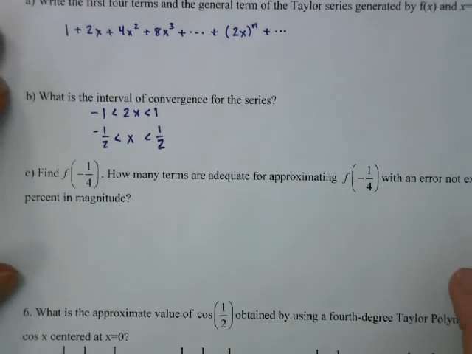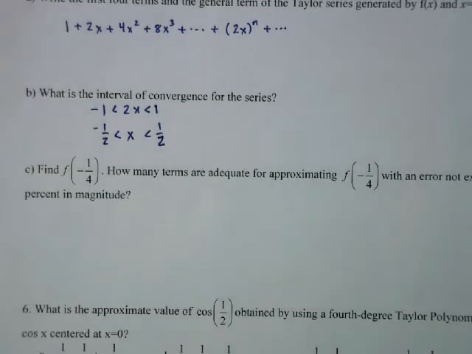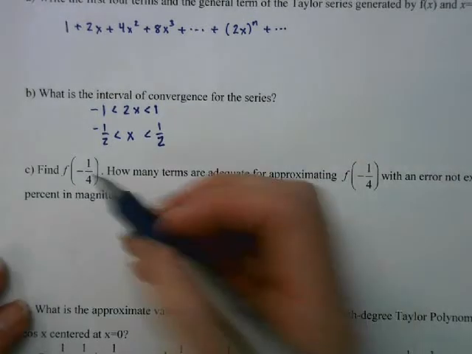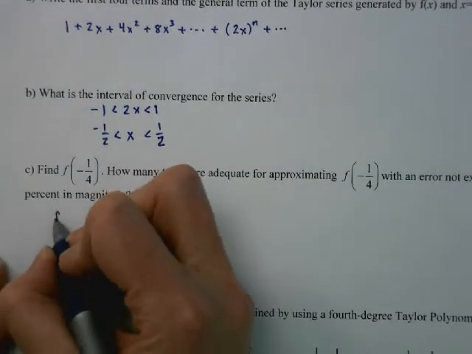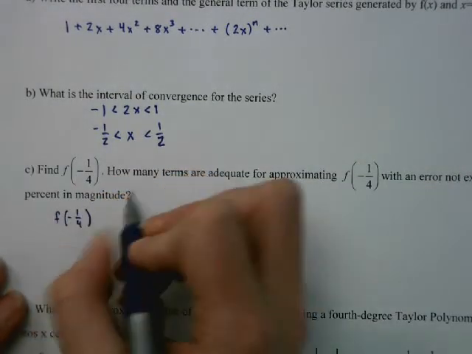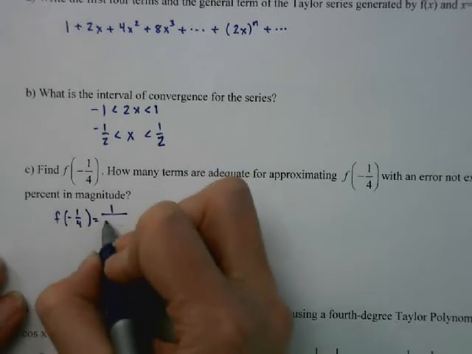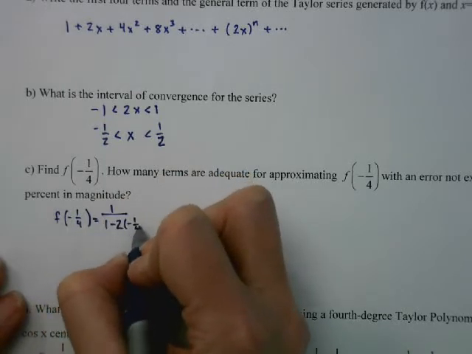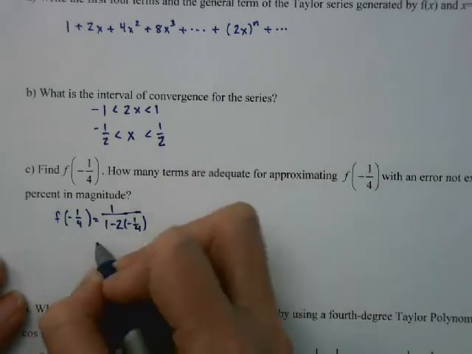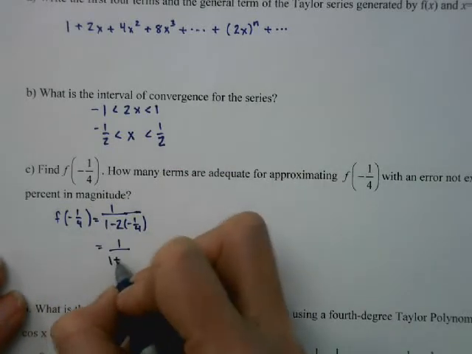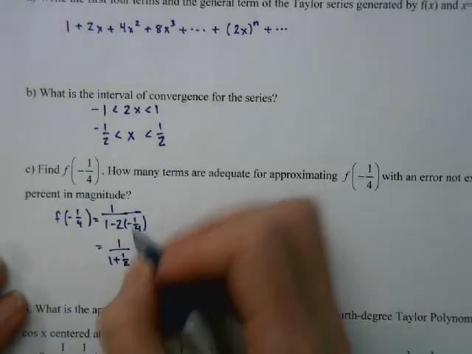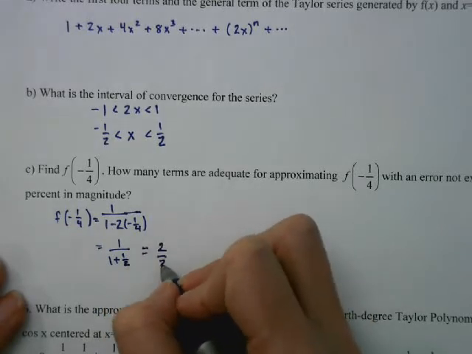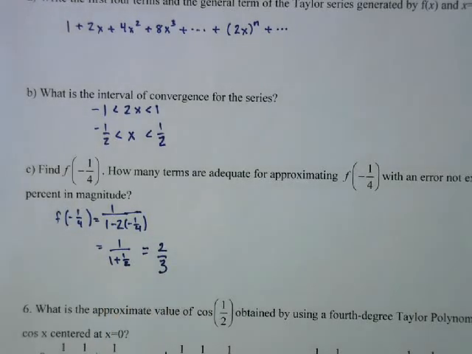So now we're going to investigate this at -1/4. So find f of -1/4, which is going to be 1 over 1 minus 2 times -1/4, which is going to be 1 over 1 plus 1/2, which is 3/2, the reciprocal of that being 2/3.